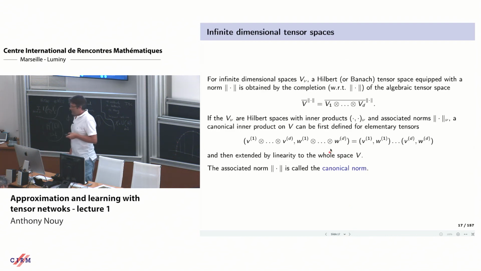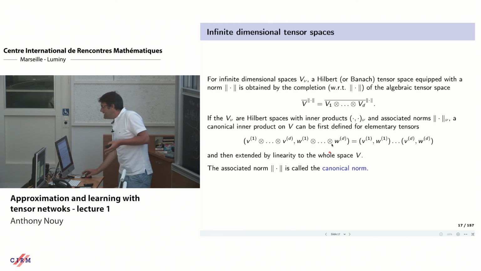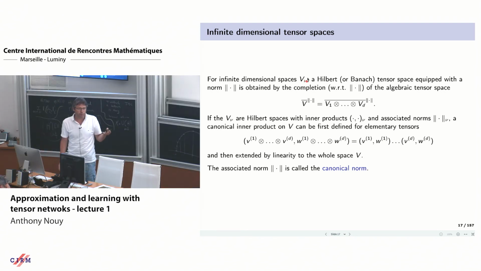Well, now, this was a setting where I did not mention what was the dimension of my objects. But if you have infinite dimensional spaces V nu, think about V nu being an L2 space, for example. V nu could be a Hilbert space or Banach space.